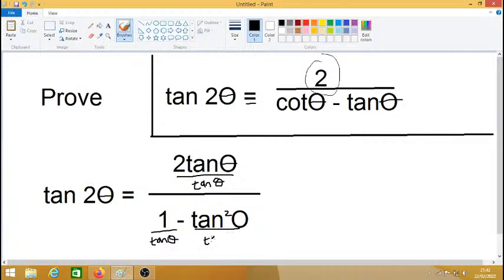And then hopefully a couple of things will cancel out. So on the top, tan theta cancels with this tan theta. Then on the bottom, 1 over tan theta can be rewritten as cot theta. So let's take the 1 over tan theta and rewrite that as cot theta.